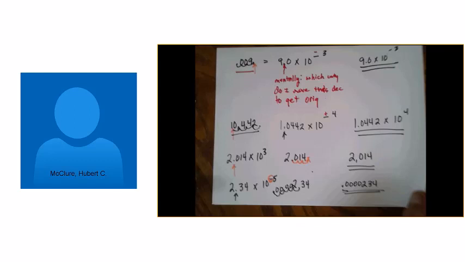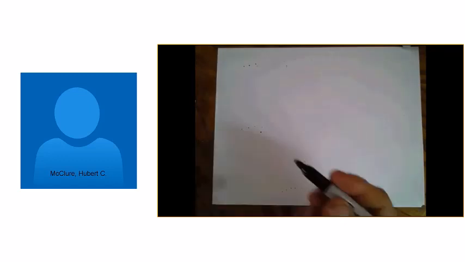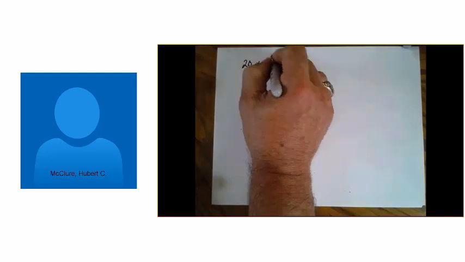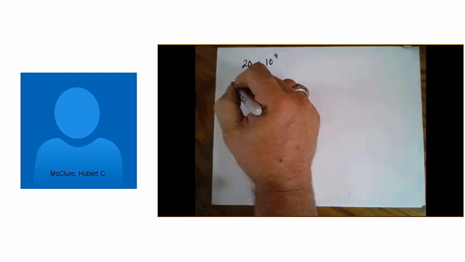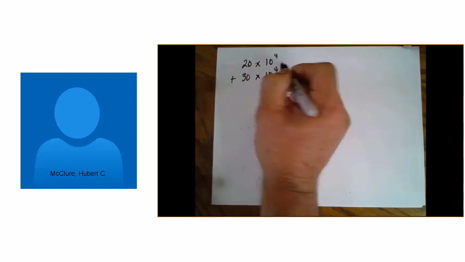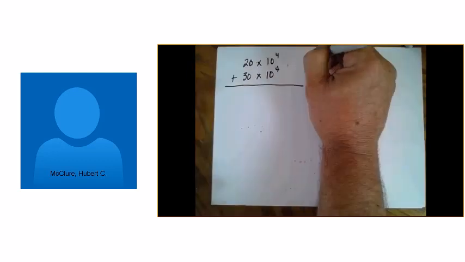Okay. All right. So I'm going to do the adding and subtracting first because they're easier. The first one is 20 times 10 to the 4th plus 30 times 10 to the 4th.